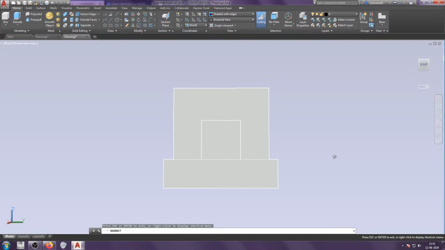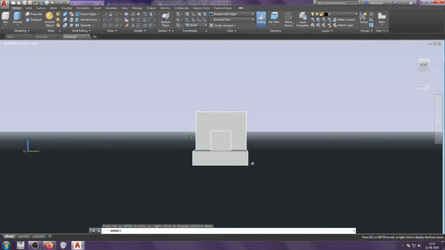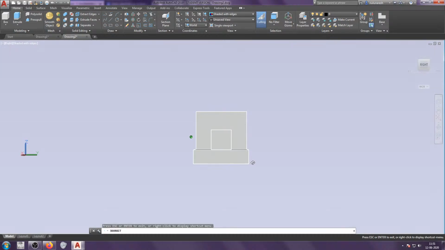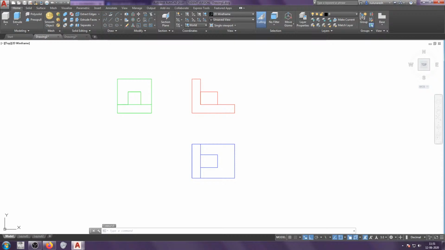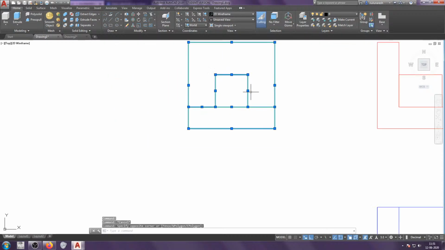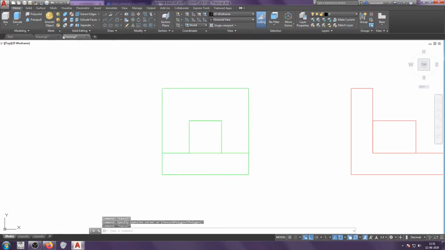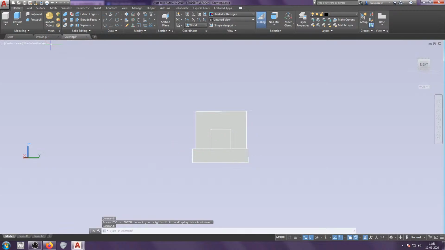Since we are drawing the orthographic views, ortho means straight, 90 in Greek. That's the side view. Observe this one. Both are similar, right?